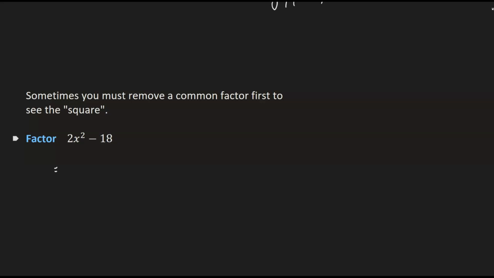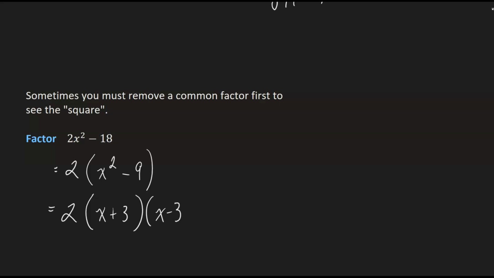So let's remove a common factor, and that will be 2, leaving us with x squared minus 9. And there we have it. In the brackets, we have a difference of squares. We must remember that we have a 2 there, and it factors into 2 times x plus 3, x minus 3.